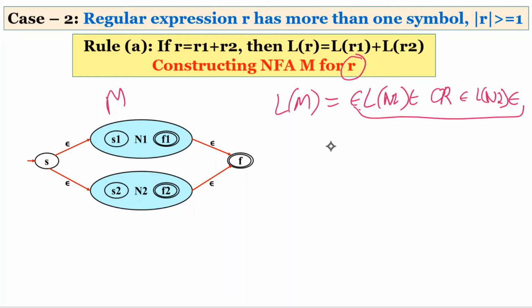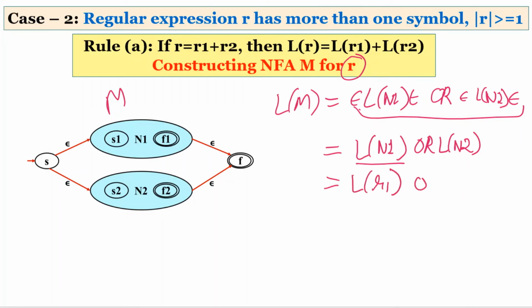So starting with this, as we can ignore the nulls, we have the language of N1 in ORing with the language of N2. So this is our final expression. As we have already proved, the language of N1 is equal to the language of sub expression R1, and the language of N2 is equal to the language of sub expression R2.